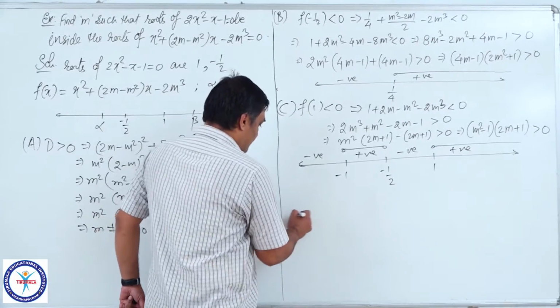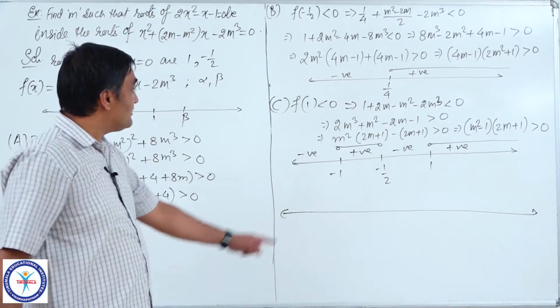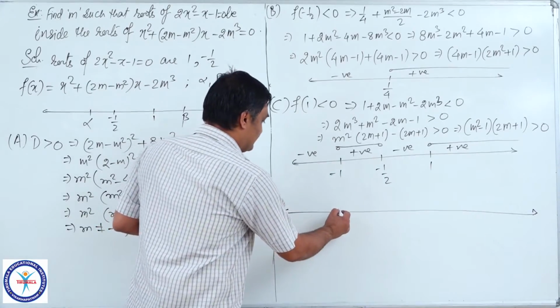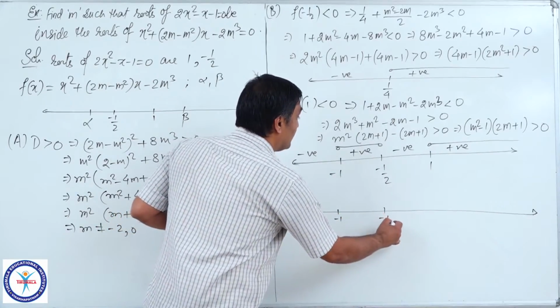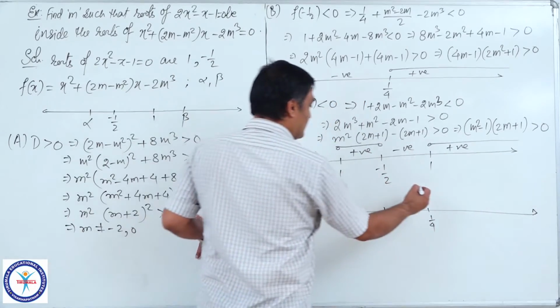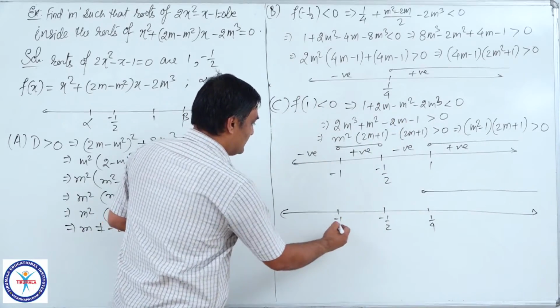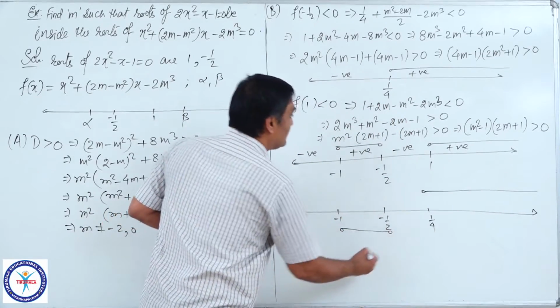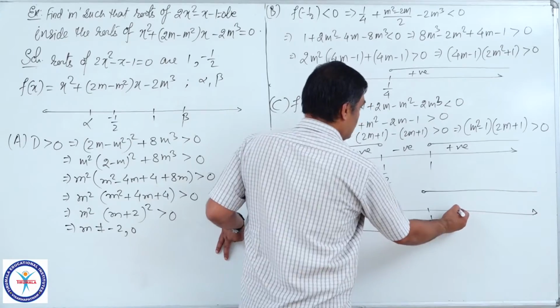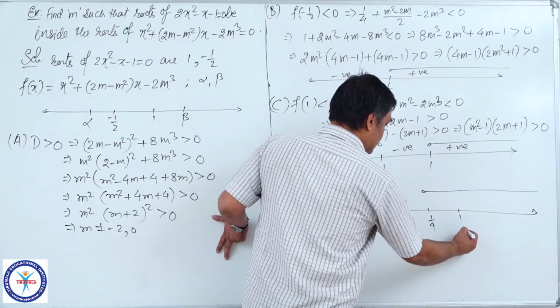So, for the final answer, we now draw a number line: minus 1 by 2, 1 by 4. From here greater than 1 by 4. From here in between, and greater than 1.